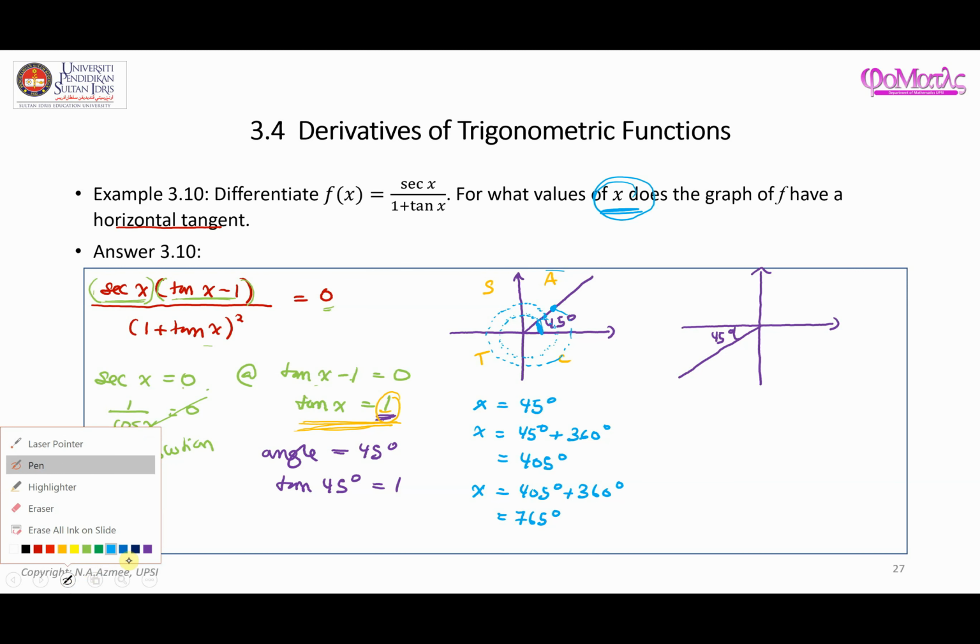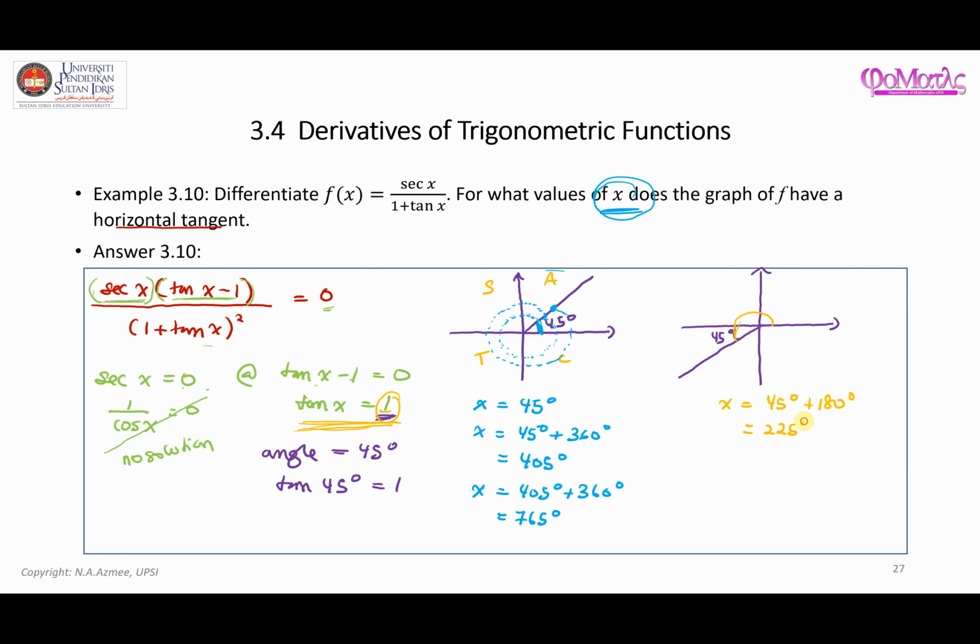Now if you consider this part here, x is actually 180 degrees plus 45 degrees, so x is 45 degrees plus 180 degrees, and this is equal to 225 degrees.